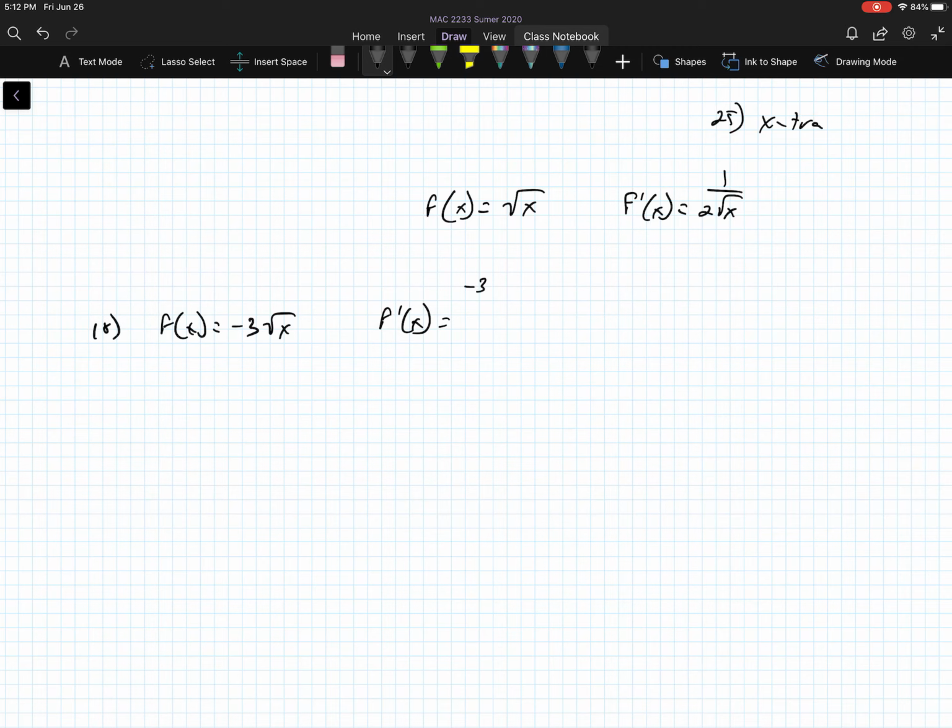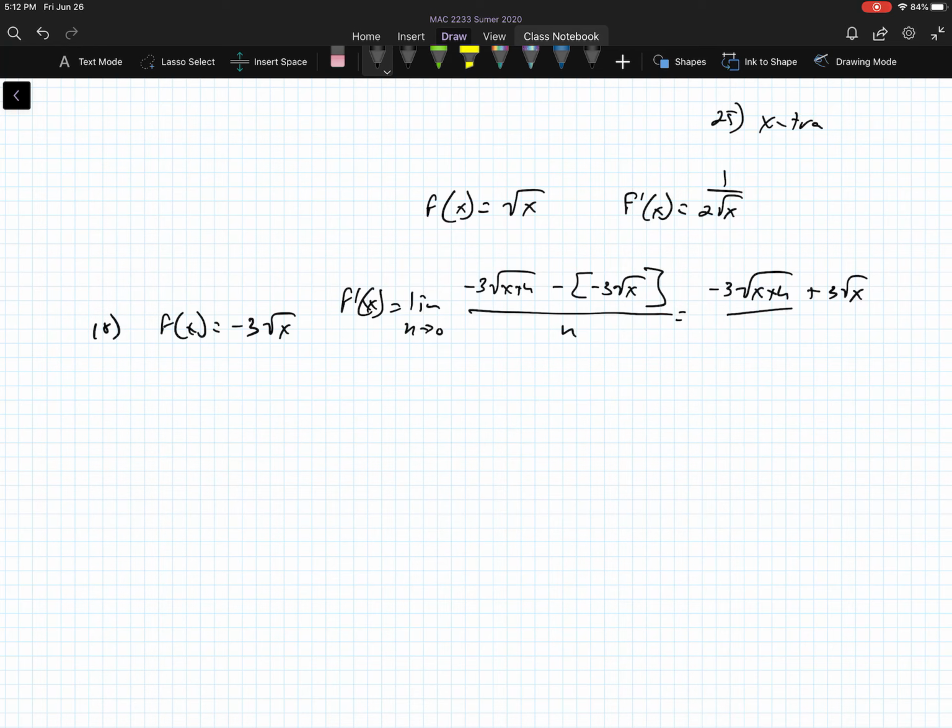And so here I'm going to have negative 3 square root of x plus h, minus negative 3 square root of x, all over h. Of course, I keep forgetting to write the limit. So f prime of x is the limit as h goes to 0. And so I am going to end up with negative 3 square root of x plus h plus 3 square root of x over h.